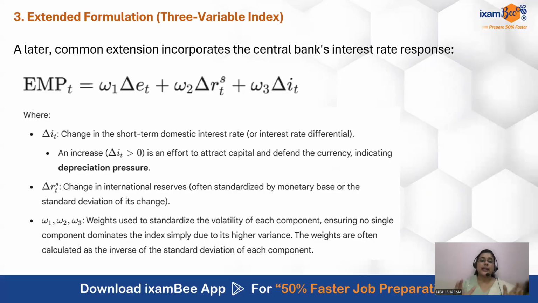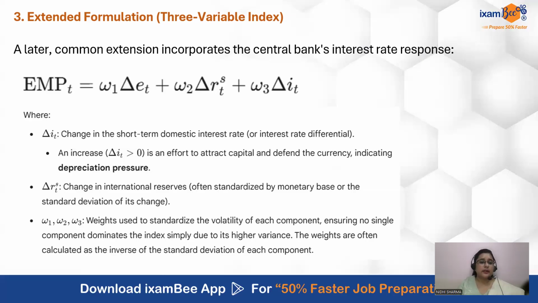Now, what are these things? i_t is basically the change in the short term domestic interest rate, that is known as interest rate differential. So if there is an increase in delta i_t, a positive value greater than zero, it's an effort to attract capital and defend the currency, indicating a depreciation pressure.